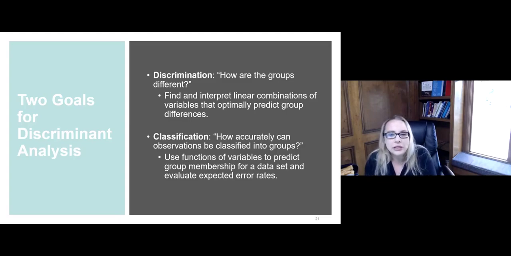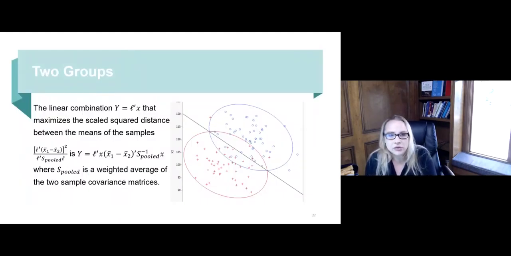So let's look at the discrimination case first. Here what we are doing again is compiling a linear combination of all of our x variables. And we are constructing a line that is going to maximize that scaled squared distance between the means of the samples. That is what's going on mathematically. And so here we are computing the line that separates the two groups using this method.